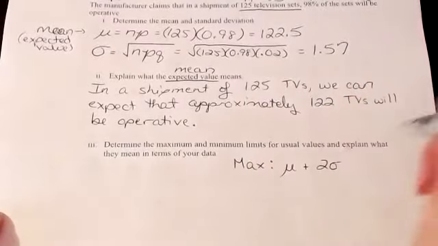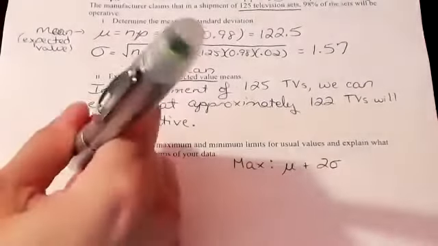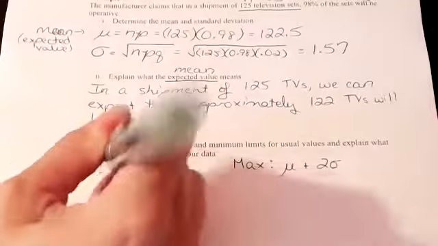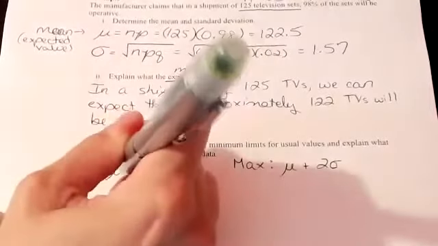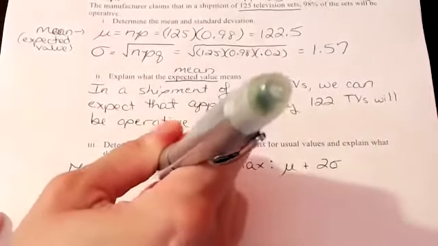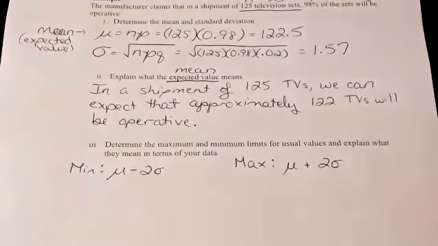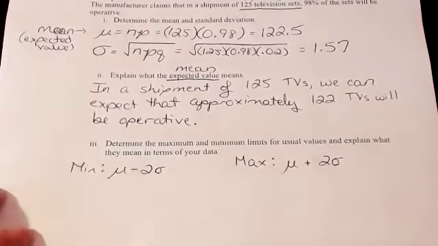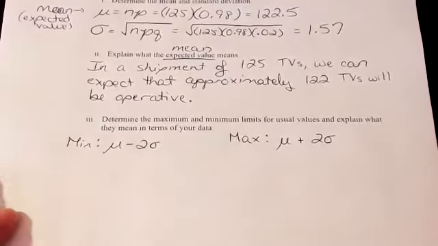Perfection. Very, very nice. Let's write that out. Beautiful. I love that. At this point, I really do want this to just be something that you'll always remember, right? To find the minimum usual value, mean minus twice the standard deviation. The max is going to be the opposite, where you're adding.